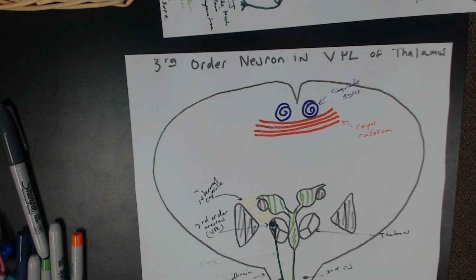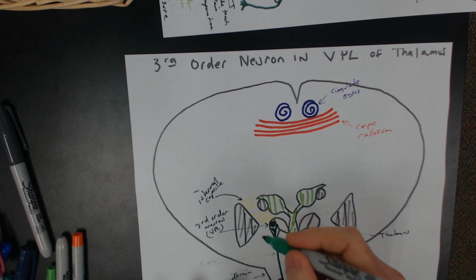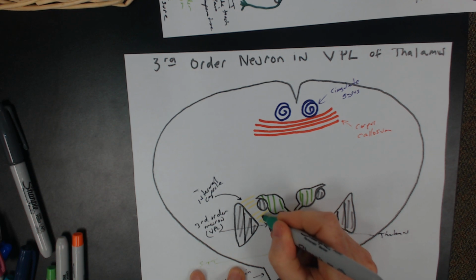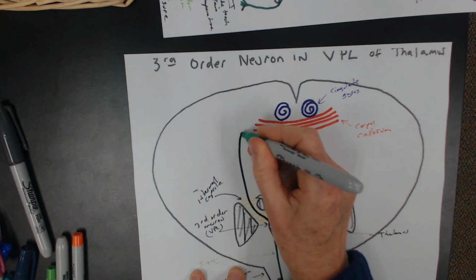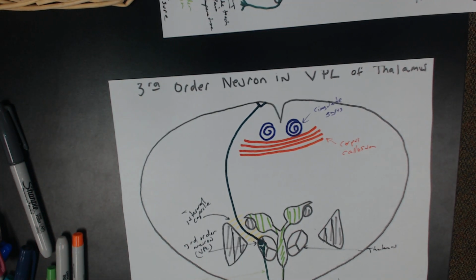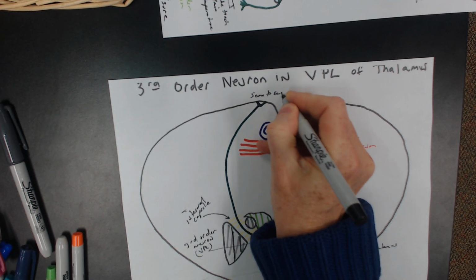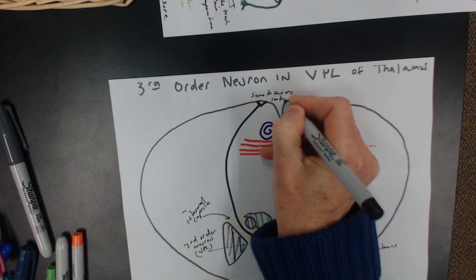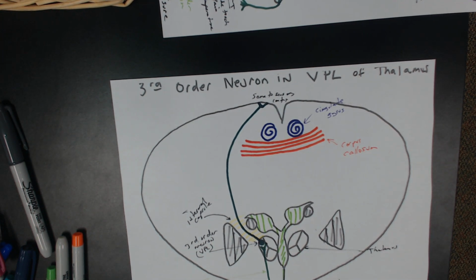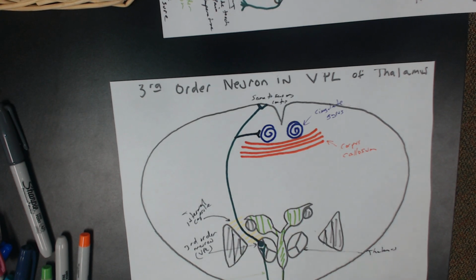Okay. So that third order neuron from the VPL of the thalamus sends out an axon, travels through this internal capsule, comes all the way up and makes a connection up here with the somatosensory cortex. But there's also an axon that branches off and synapses here with the cingulate gyrus.